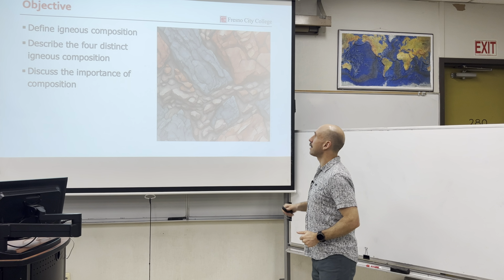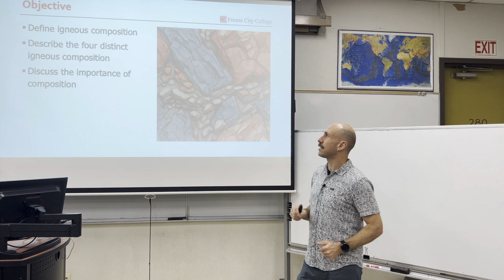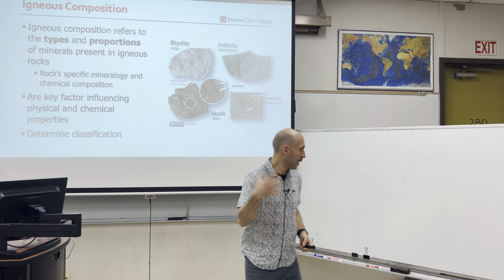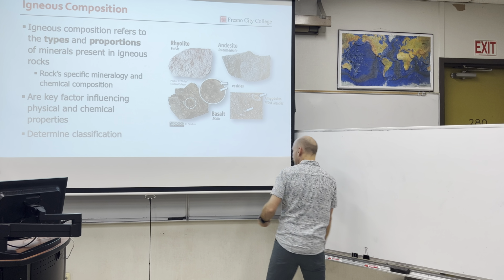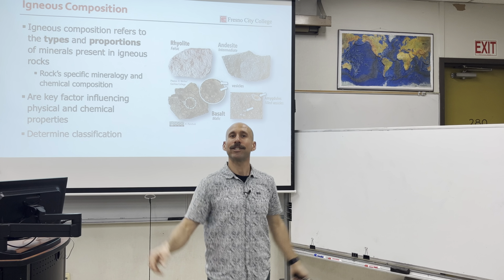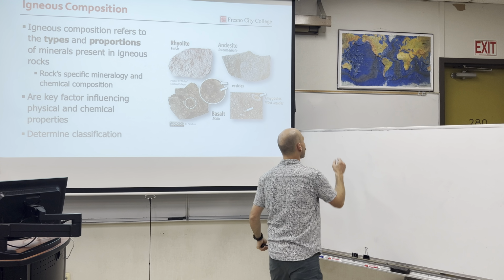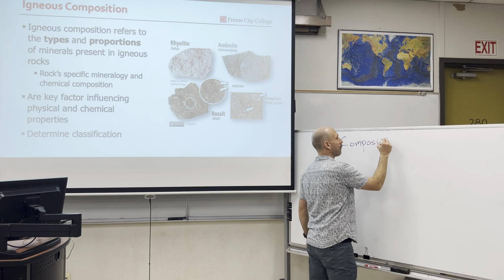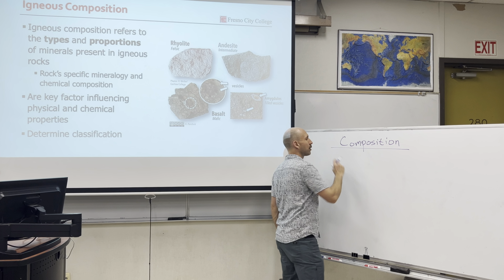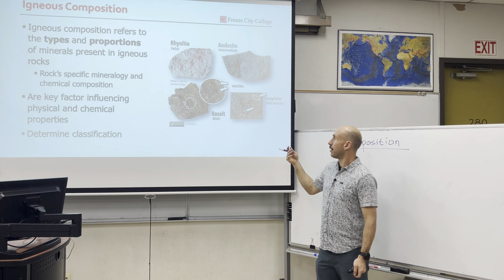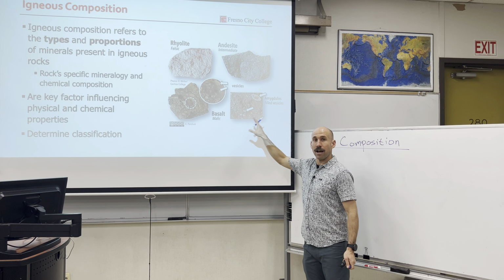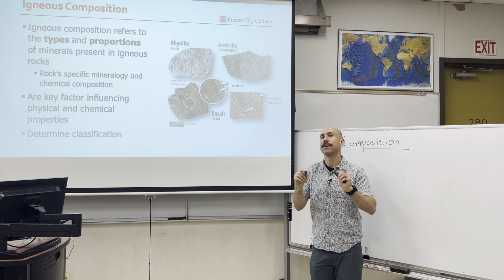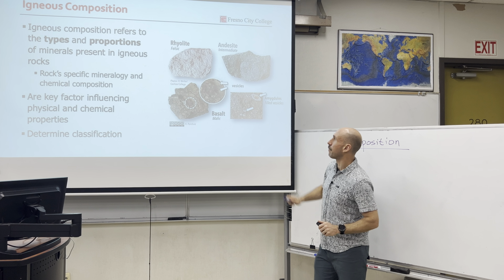We will define igneous composition, then describe the four distinct igneous compositions, and then discuss the importance of them. Igneous composition is really looking at the mineralogy, the types and proportions of the various minerals. We can have a zoomed out look using the light or darkness, the color of the rock, all the way to a very zoomed in look at the actual percentages of various minerals that make up the rock.